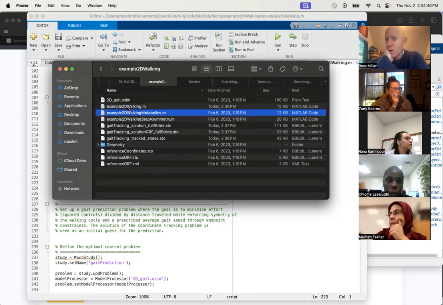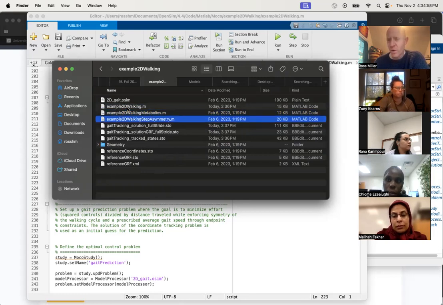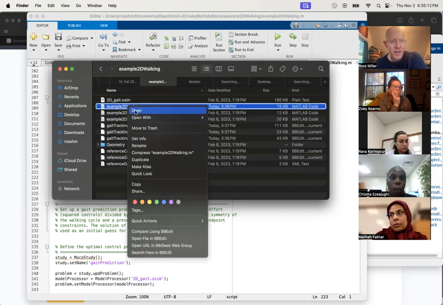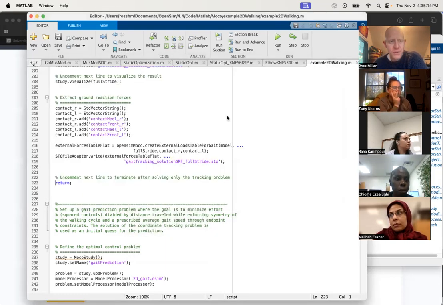There's example 2D walking metabolics, which includes a part that calculates the metabolic energy expenditure of the muscles and then tacks that on to the cost function. And then this third one here I haven't done a lot with, but it's related to generating simulations of asymmetric strides and gaits that are not symmetric. That one I haven't looked too much at. But let's start with the simplest one here, example 2D walking.m. So open that up in MATLAB.